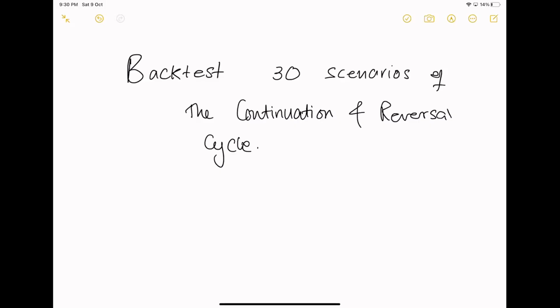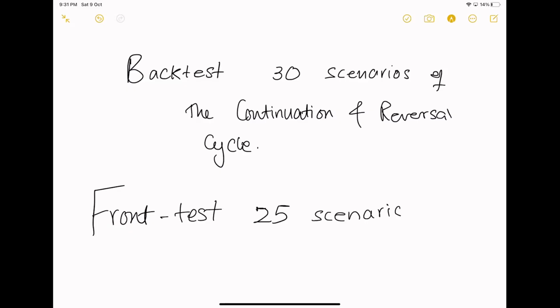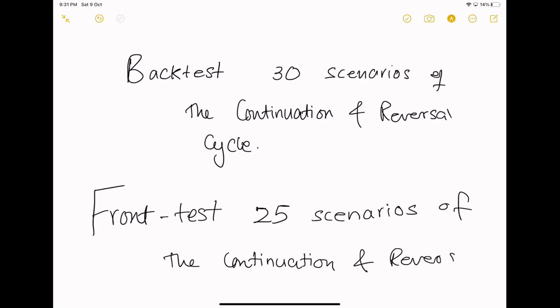So meaning 30 scenarios of continuation, 30 scenarios of reversal. Then, here's the best part, you have to front test with a before and after picture. Front test 25 scenarios of the continuation and reversal cycle each.